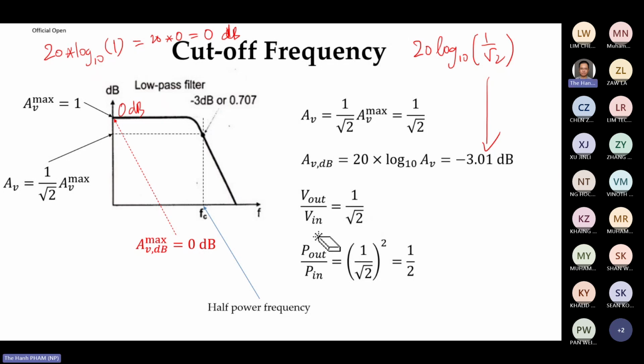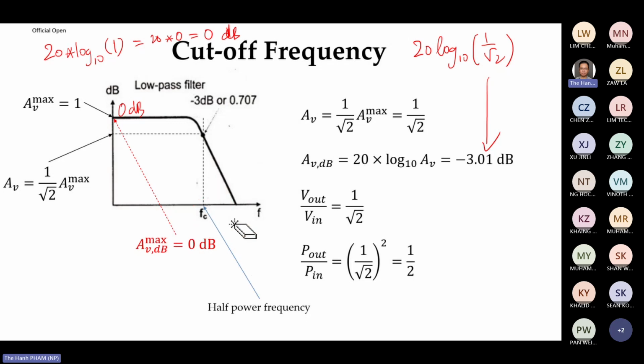Correct? And because this is a ratio in voltage, if you want the ratio in powers, you square this ratio, then you have half. So that is the reason why the cutoff frequency has another name. It's called the half power frequency.